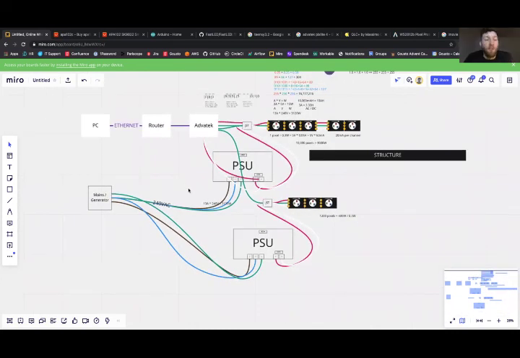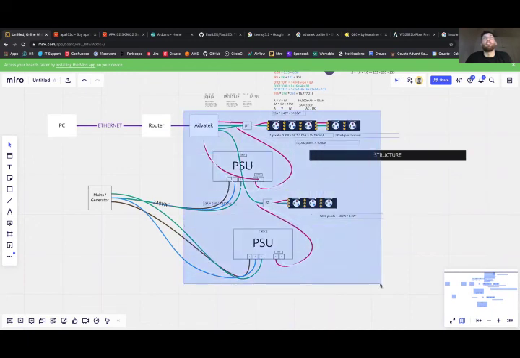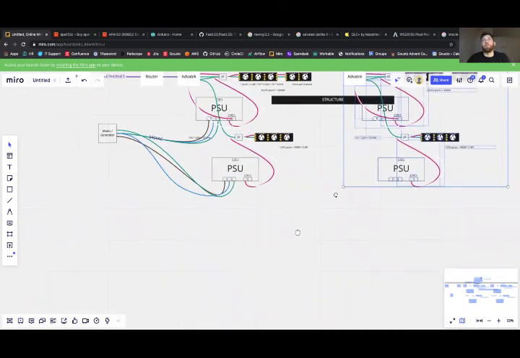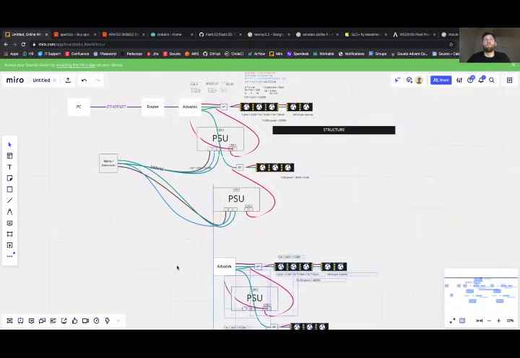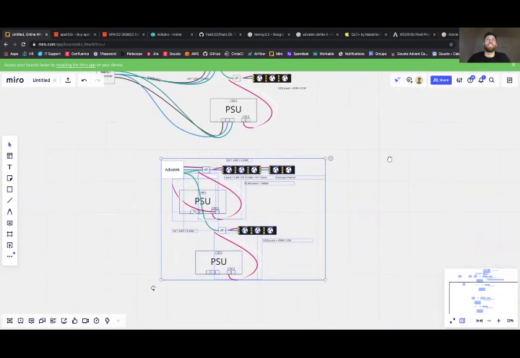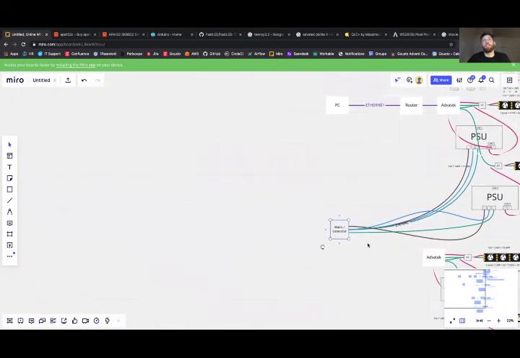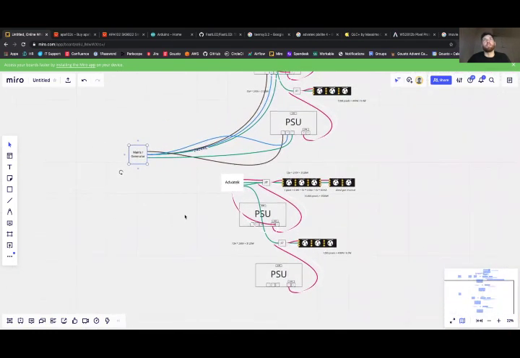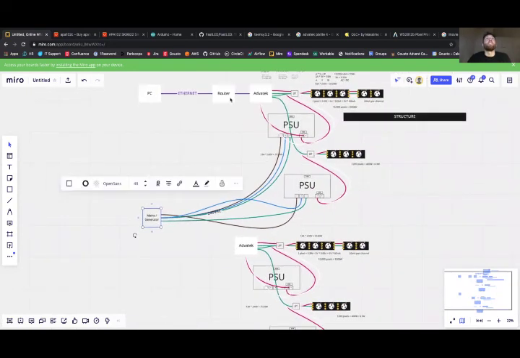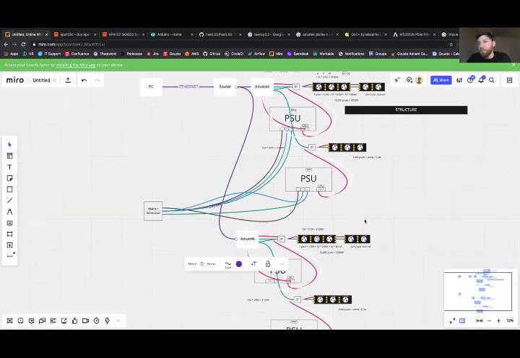Well, then we reach our final phase of multiplication here, where we take the whole shebang and we multiply that one more time. And of course, the mains is still powering everything down here. I'm not going to draw those cables in. It's getting a little bit ridiculous. Then you've got Ethernet going to that Advatek controller, Ethernet going to that Advatek controller.